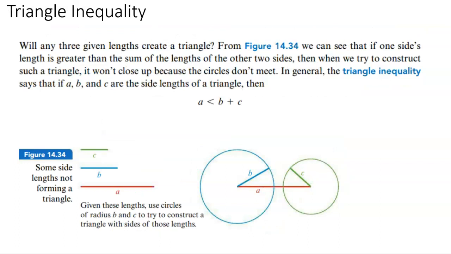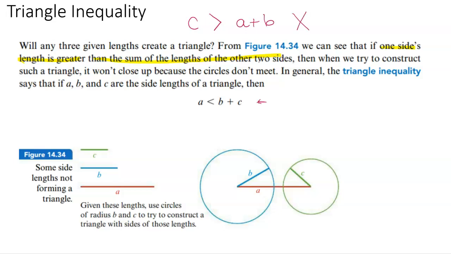Will any 3 lengths, so now I said 3 sides, I'm going to make a triangle, but is that really true? If one side's length is greater than the sum of the lengths of the other 2 sides, it won't close up. So what this is saying, and this is actually saying the opposite thing of these words here, is that if one side is greater than the sum of 2 sides, then it won't work.